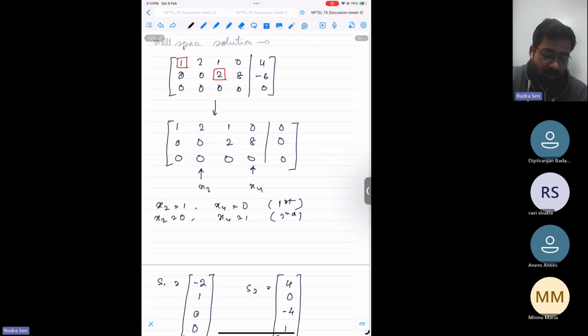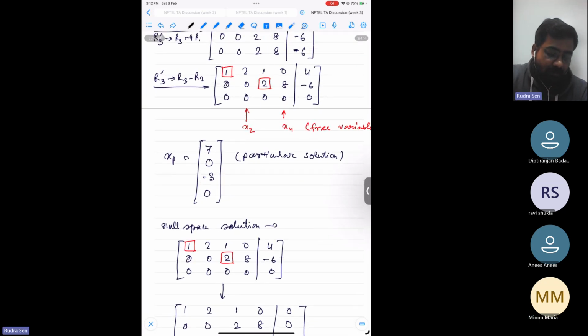Here there are two linearly independent columns. Why are they independent? Because the pivot elements lie in these two columns. That's why the rank of this matrix is 2.